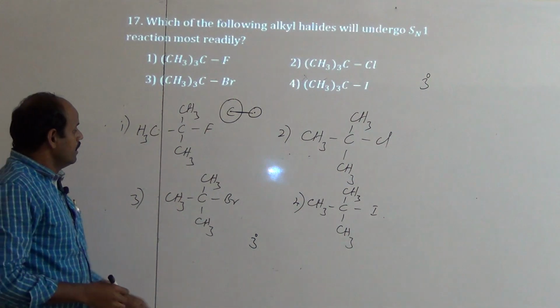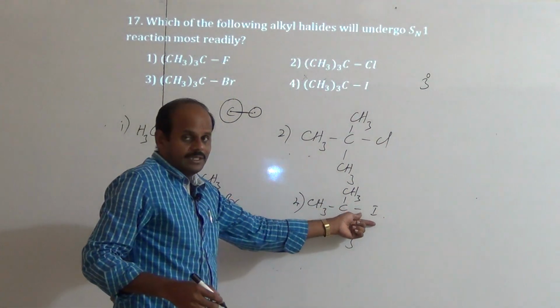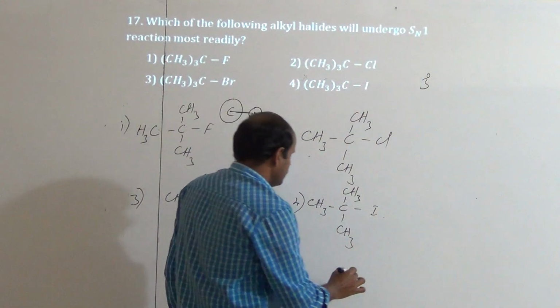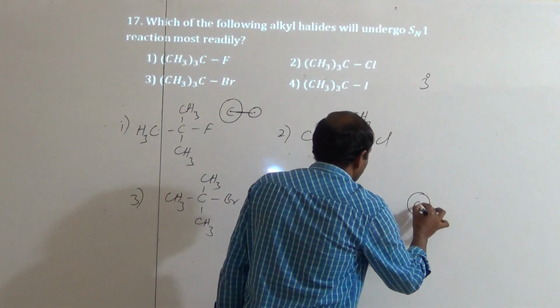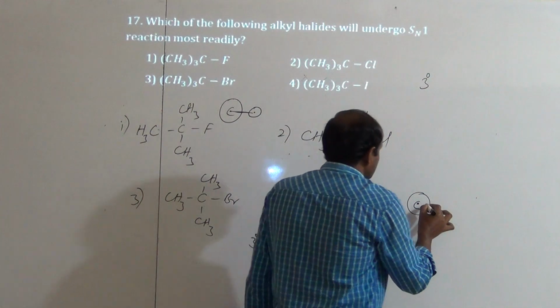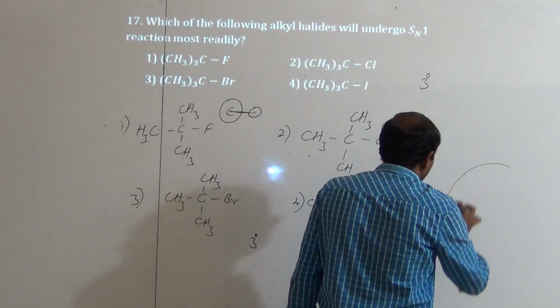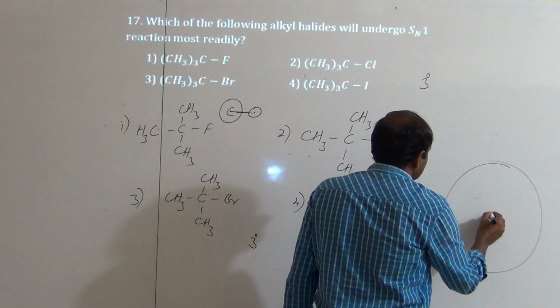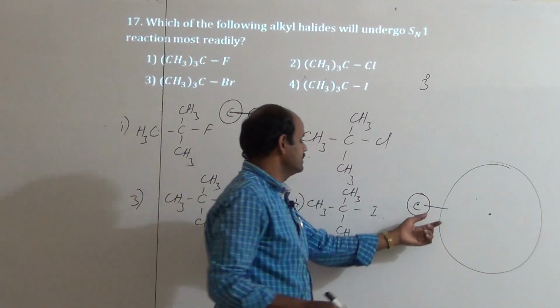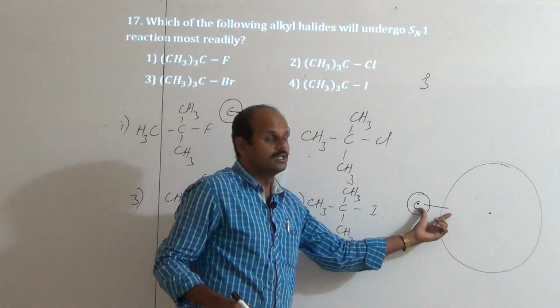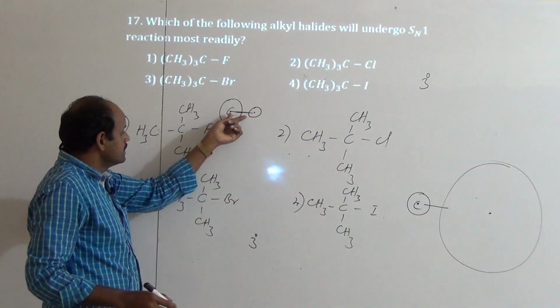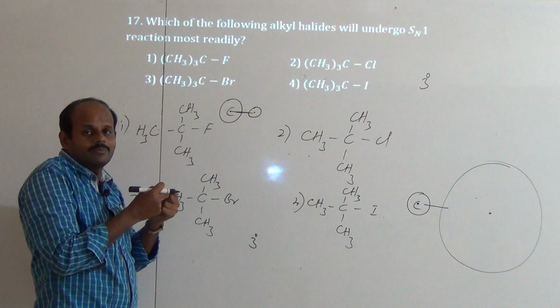If you take iodide, the carbon has a nucleus at the center, then it forms a bond with iodine, which has a large size, no? Then the distance is more between the nuclei of these two atoms, but in the fluorine case the distance is very less, so strong attraction forces are present.